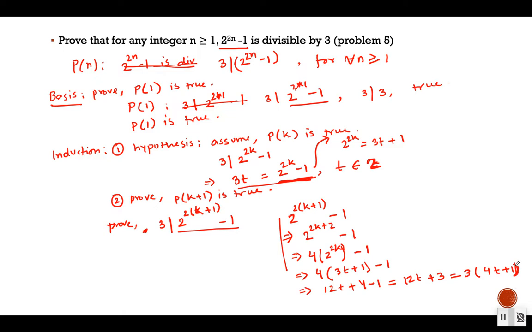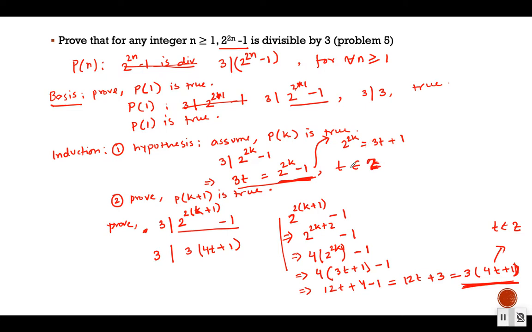So what does that tell you? It tells us that this statement is divisible by 3, given that P(k) is true. We are using this fact, and from this equation it is obvious that this statement is divisible by 3 for any t that belongs to the integers.